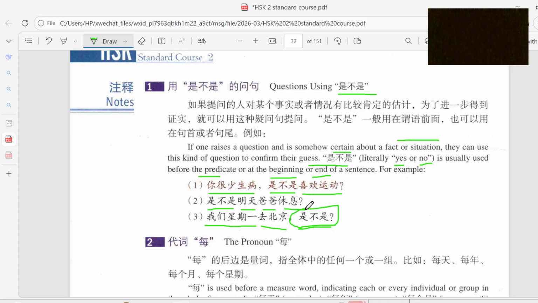But if you say 是不是啊, he might be wanting a positive answer, of course, but in a polite way. Most times people will give you positive answers to 是不是.